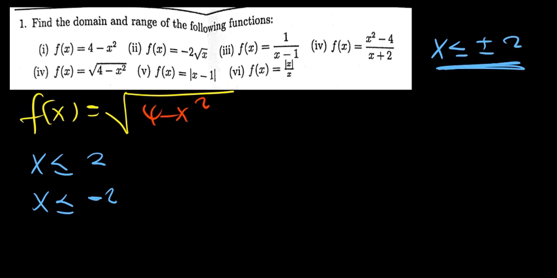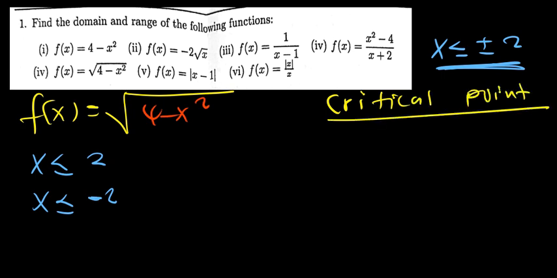So the basic idea behind this: when you have got two answers, we want to find the domain. Here is the issue. This is now going to be an inequality. So you are going to have the critical points. The critical points are the values of x you have found.